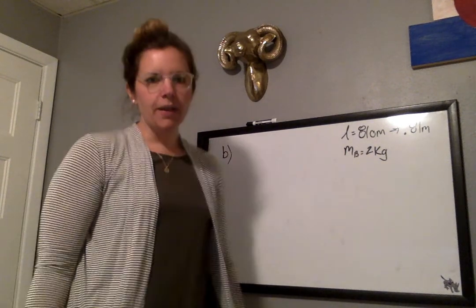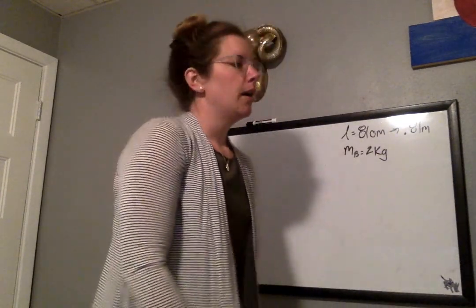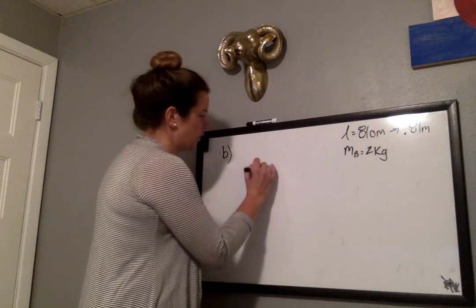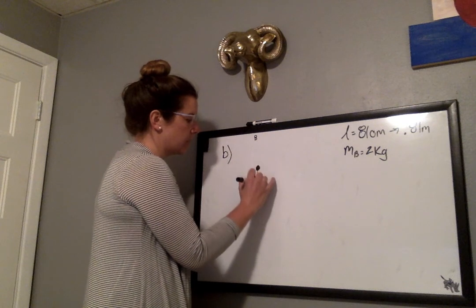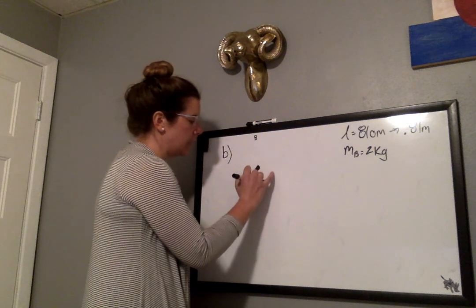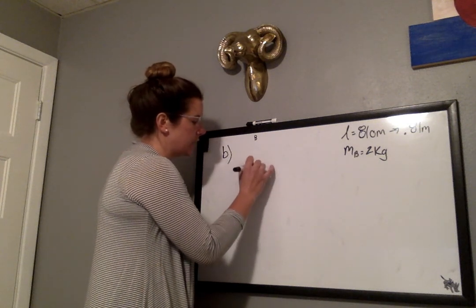All right, part B. You need to calculate the minimum speed the ball can have at point A without leaving the circular path. So at this point, we're going to say this is point B again. So it's at the top of its circle. We have force of gravity pulling it down, and we have the force of tension.